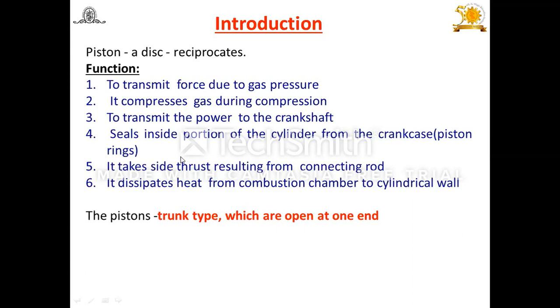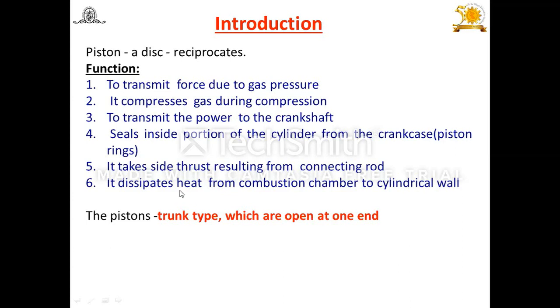Another important function is that it takes the side thrust resulting from the connecting rod. The connecting rod is subjected to a fluctuating load, and when it transmits the power, side thrust is exerted by the connecting rod on the piston.